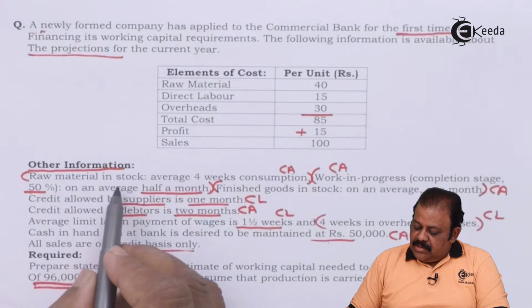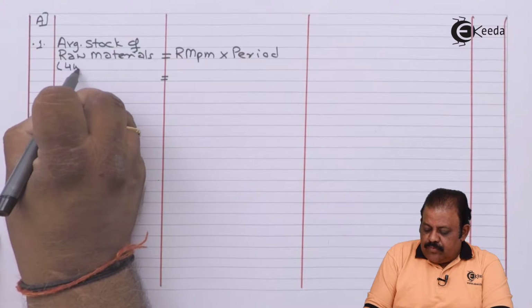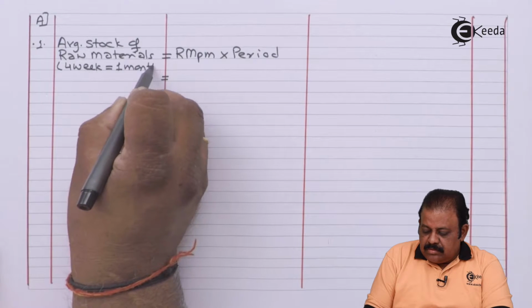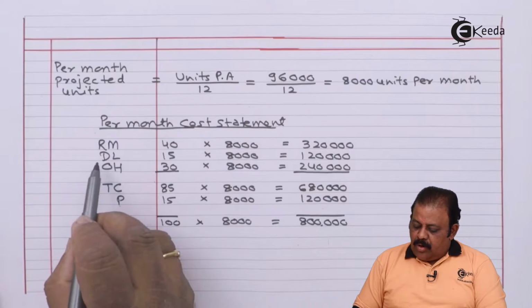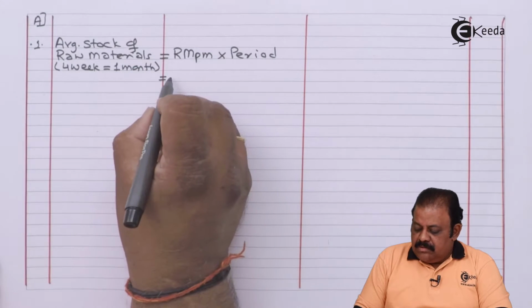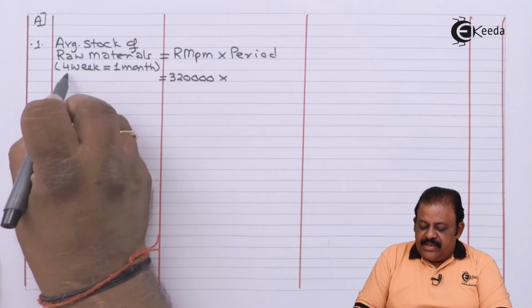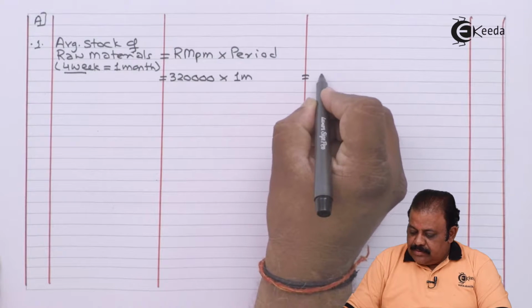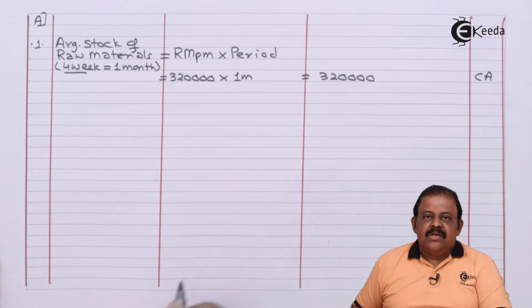Raw material remains in stock on an average 4 weeks consumption. 4 weeks is equal to 1 month. So we can have the formula: raw material per month multiplied by period. Raw material per month consumption is 3,20,000, multiplied by period 4 weeks, that is equal to 1 month. So it comes to 3,20,000. It will be part of current asset.